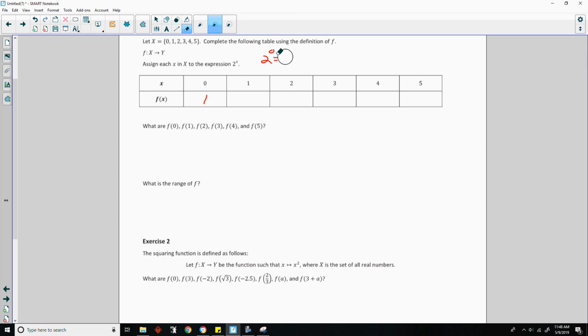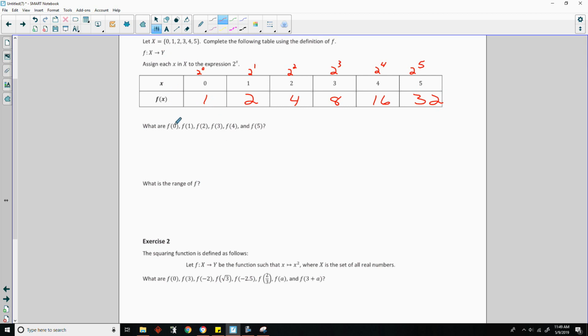So if I write these up right above, this is 2 to the 0, 2 to the 1, 2 squared, 2 cubed, 2 to the 4th, and 2 to the 5th. So 2 to the first power is 2. 2 squared is 4. 2 times 2 is 4, times 2 is 8, times 2 is 16, times 2 is 32. So those are f of x's that are elements in the set, capital Y.